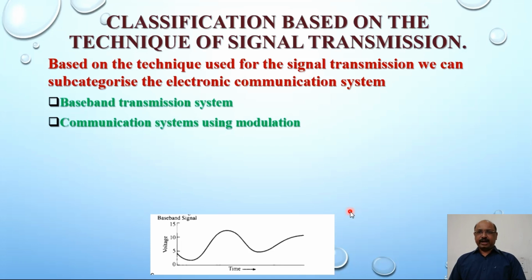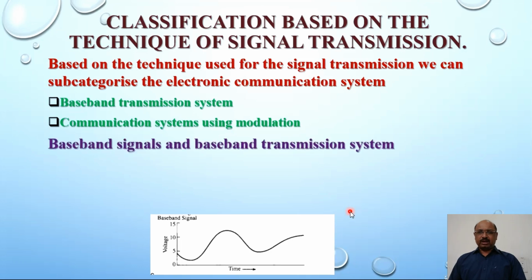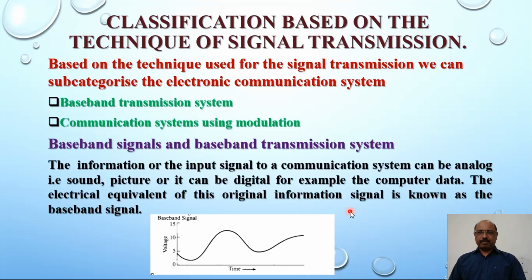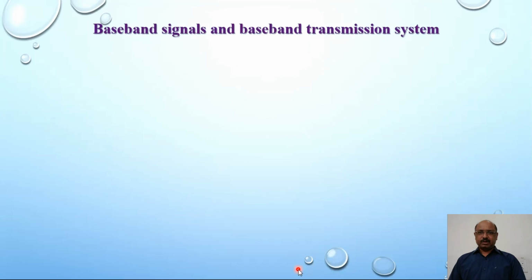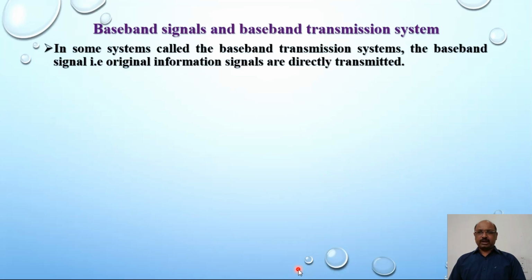Now we see in detail the baseband signal and baseband transmission. The information or input signal to a communication system can be analog, that is sound, picture, or it can be digital, for example the computer data, as I said earlier. The electrical equivalent of this original information signal is known as the baseband signal. In some systems, called baseband transmission systems, the baseband signal, that is the original information signal, is directly transmitted.